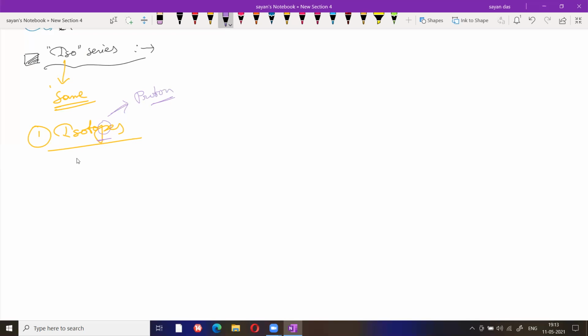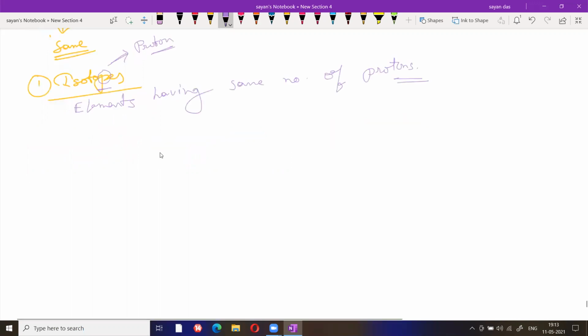So what is the definition of isotope? Elements having the same number of protons are known as isotopes.